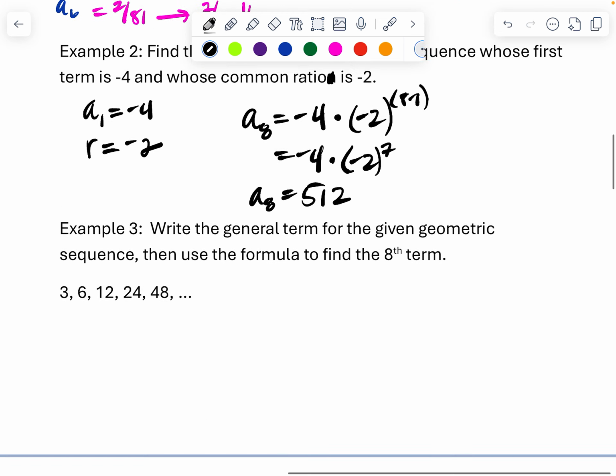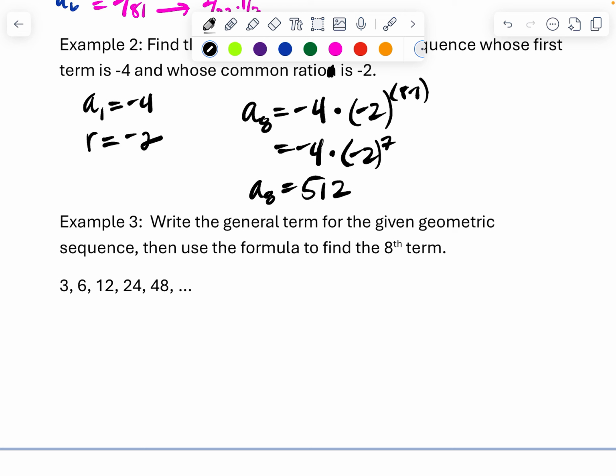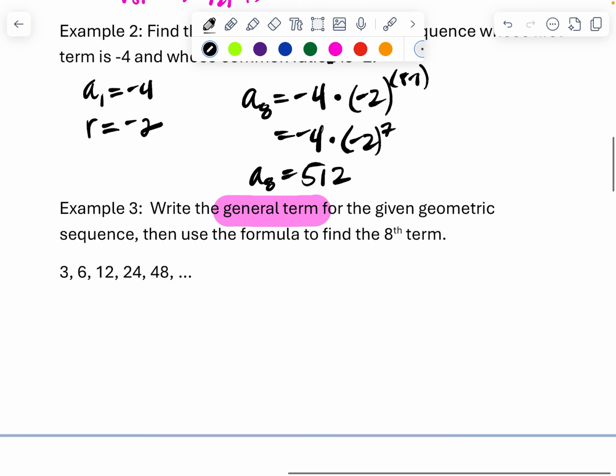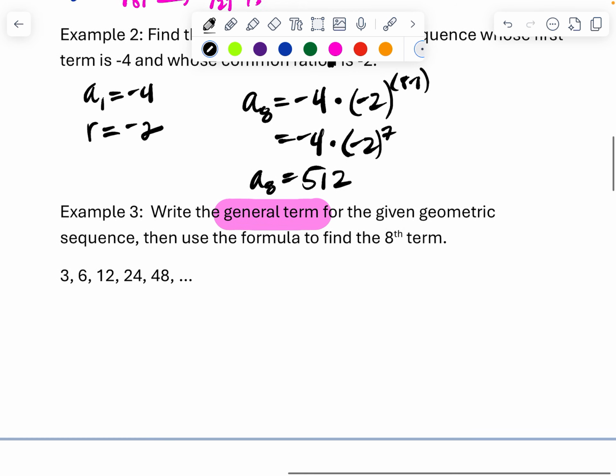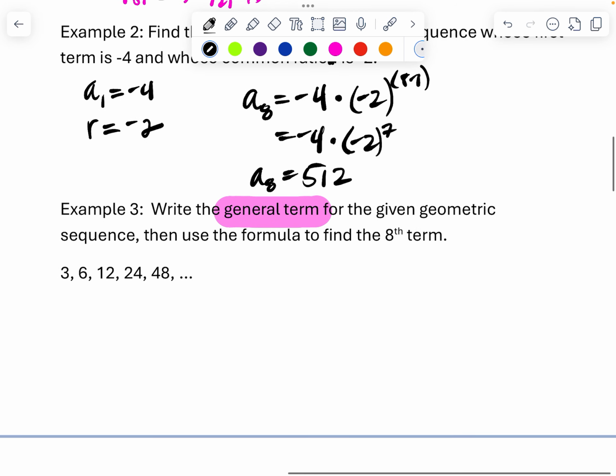For example 3, it says write the general term. So we're going to come up with a formula. When it says to write the general term, that means you're going to have a formula for the given geometric sequence, and then use that formula to find the 8th term. To write our general term, we need to know what our common ratio is, right? What is R?